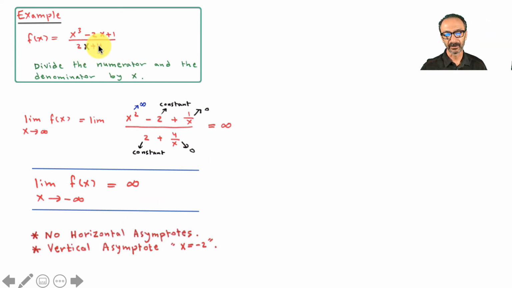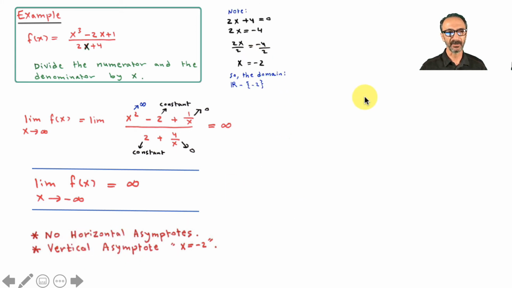And if you factor the denominator or take 2 out and solve for the 0 of the denominator, you're going to end up at x equals -2. You have a vertical asymptote. To support that vertical asymptote, I'll add this as a comment. That's the denominator 2x plus 4.